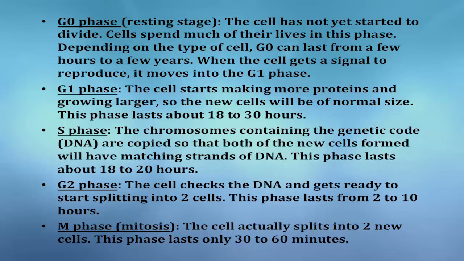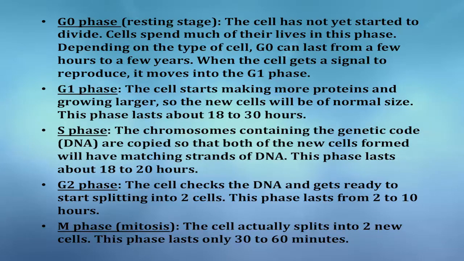Then we go to G1 phase, and this is where the cell starts making more protein and growing larger, and they respond to the cell cycle movement. And this phase usually lasts from 18 to 30 hours. So within a day plus 6 hours, this phase will complete.